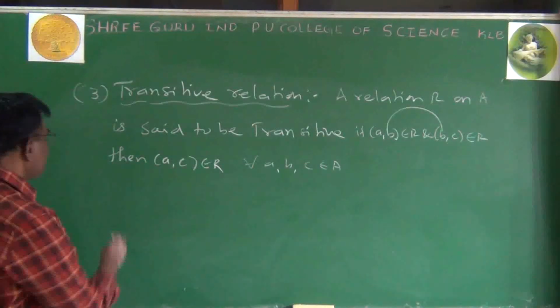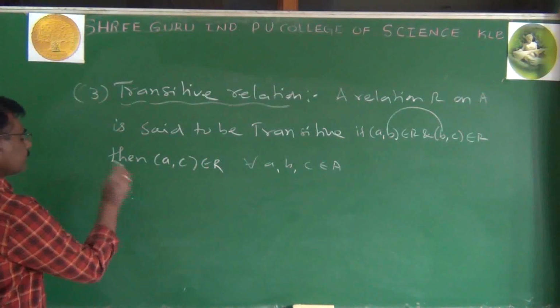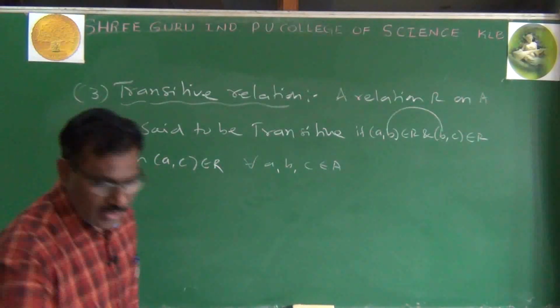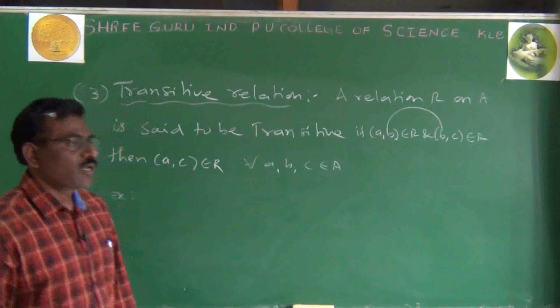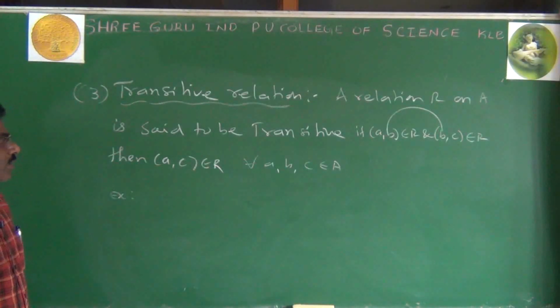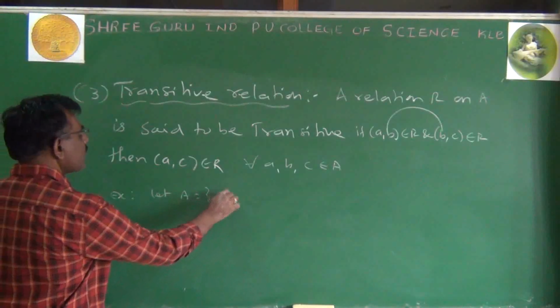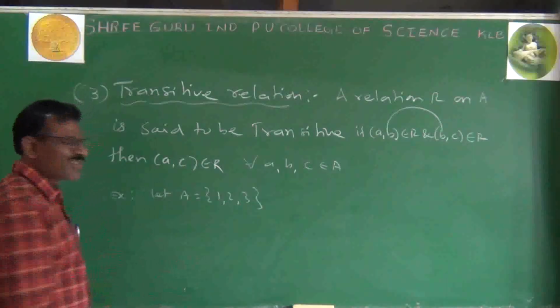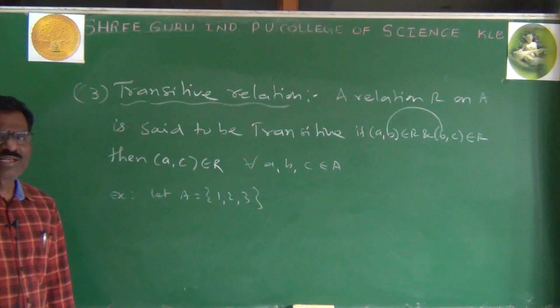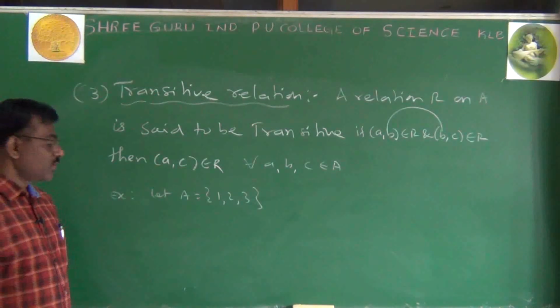This is, for example, a transitive example. Let A equal to 1 comma 2 comma 3. This is a common, easy example only. I am taking a set only.